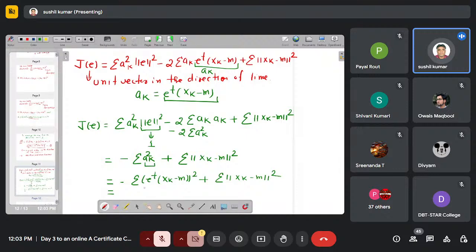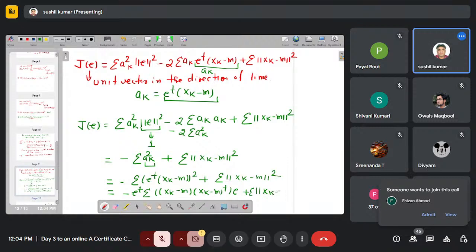And this term can be written like this: E transpose will be outside, then (x_k minus m), then (x_k minus m) transpose and E, plus (x_k minus m) whole square.